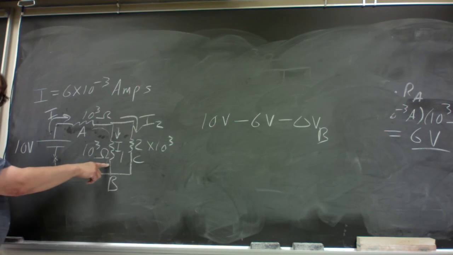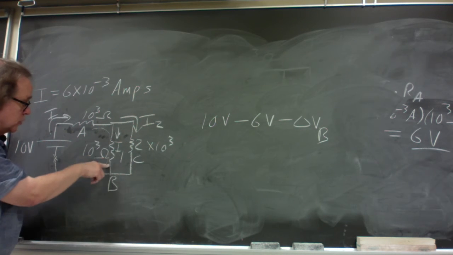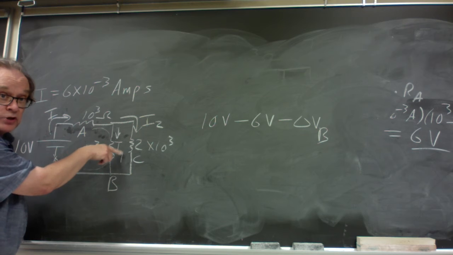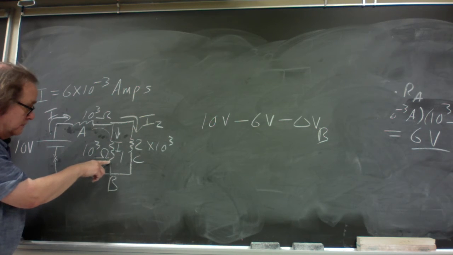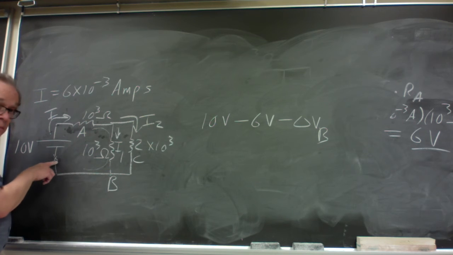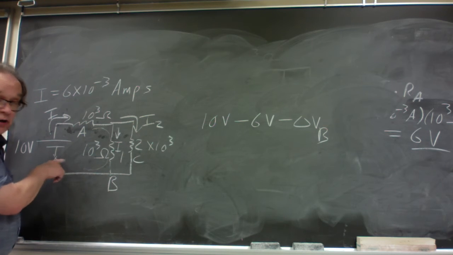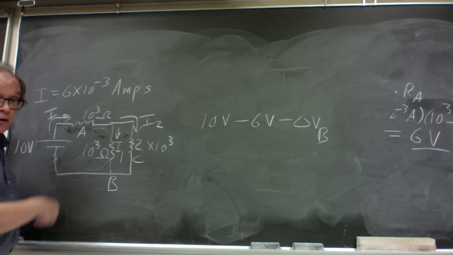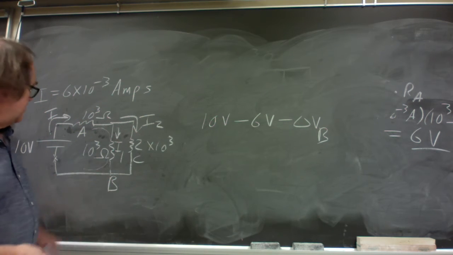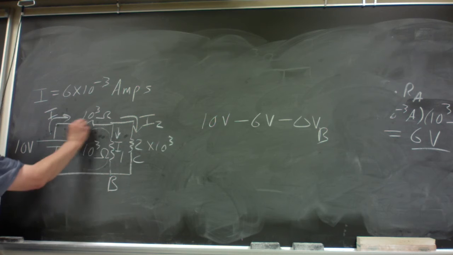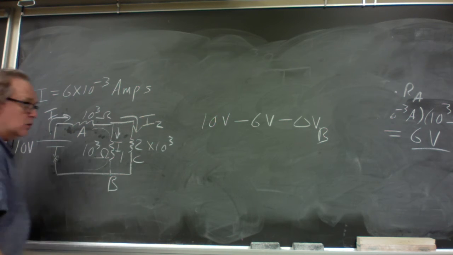And then after you've gone through that potential drop, when you move in the same direction as the conventional current through this resistor, you come out here, and then there are no more potential changes until you get back to your starting point. You have just plain wire, which is all at the same potential. So that's the grand total potential difference in a loop that starts and ends here.